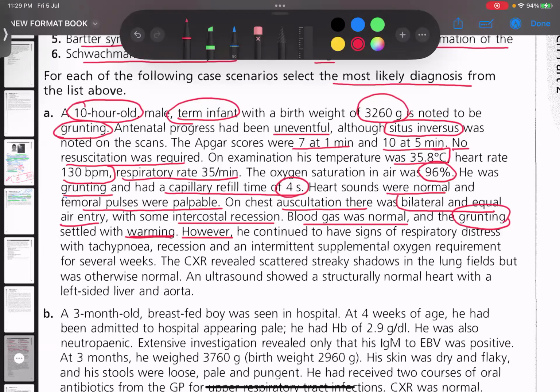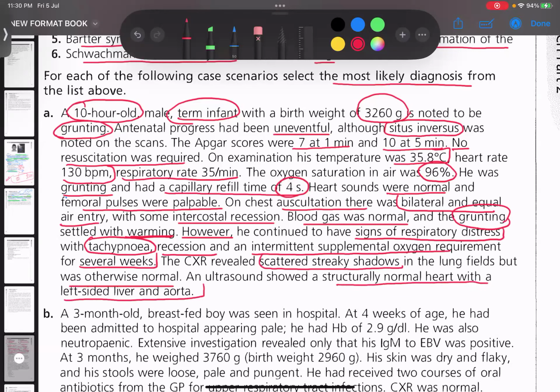However, he continued to have signs of respiratory distress with tachypnea and recession, and intermittent supplemental oxygen was required for several weeks. The chest X-ray revealed scattered streaky shadows in the lung fields, but was otherwise normal, and ultrasound showed a structurally normal heart with a left-sided liver and aorta.